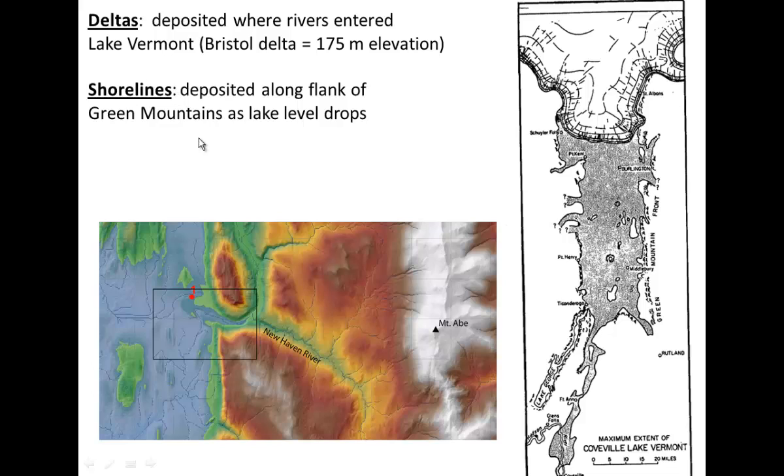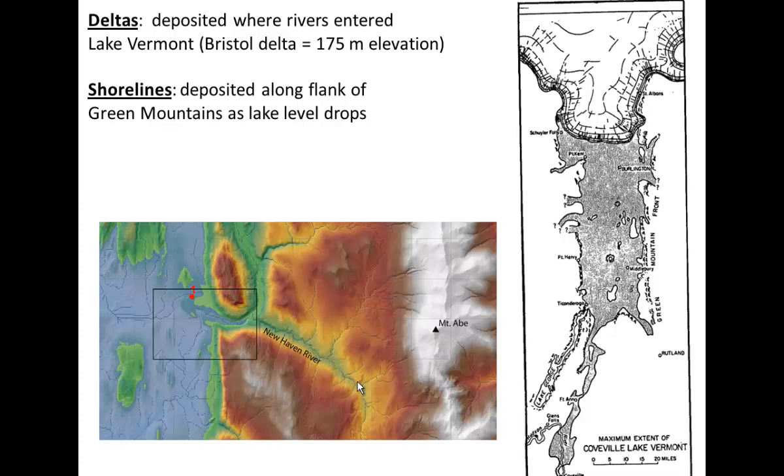And finally, you may see some shorelines. As Lake Vermont shrunk, this water level started to move away from the mountain flank, and we had a series of receding shorelines that may have been deposited as this water shrank away. Those may be hard to see in the imagery though.